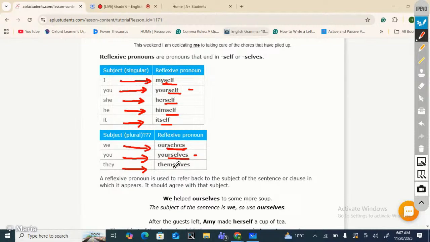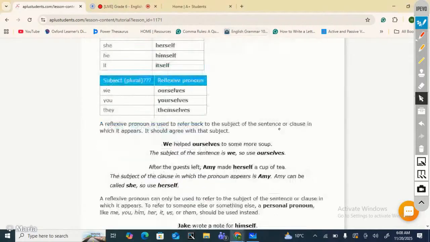If it is they, use themselves. You can go through this table. You can reproduce it in your notebook to practice, to learn, okay? And remember it.